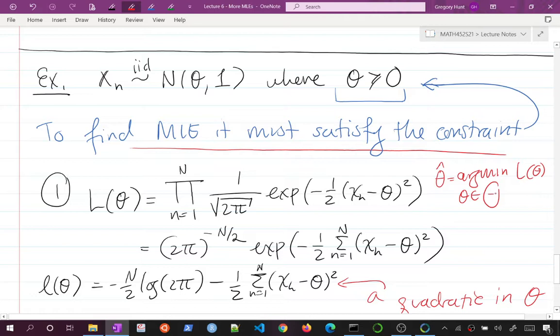So it is, by definition, the minimizing value of theta over whatever set I say it is. Normally we say it's all real numbers for this kind of situation, but in this case I say it is positive values. And so the MLE definitionally has to be maximized, satisfying that constraint.